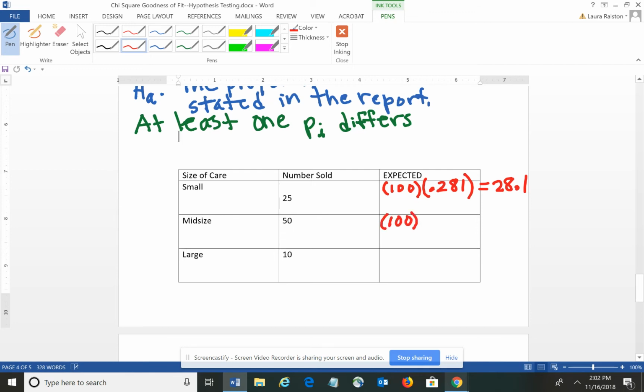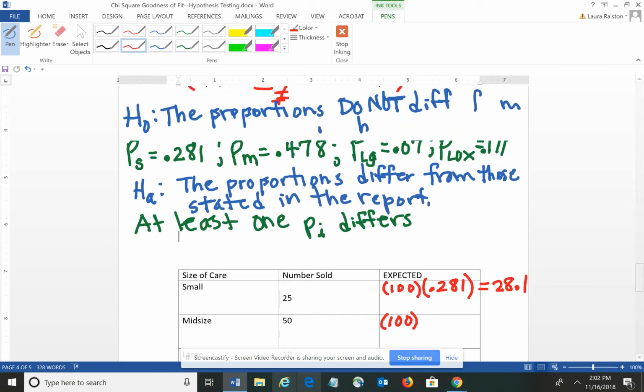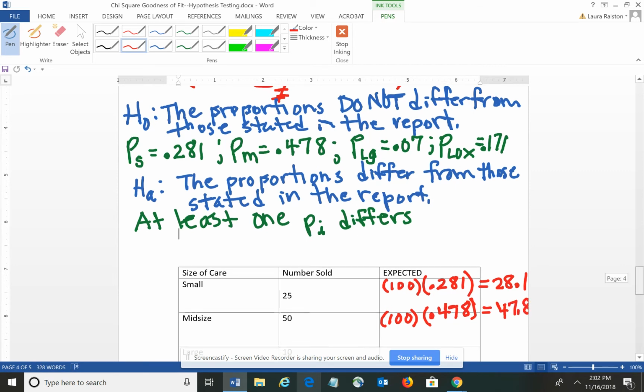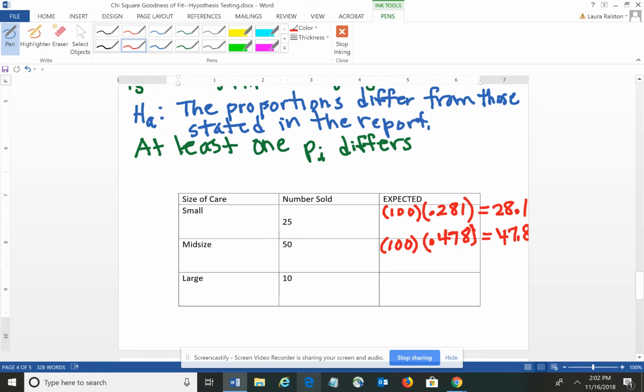Mid-size, we had 100 cars sold in Bartow County, and 47.8% would be expected. So 0.478 or 47.8 would be expected to be mid-size. For large, 7% expected, which would be 7.